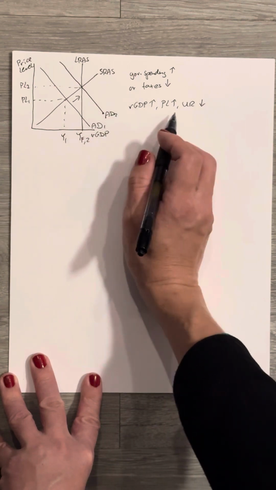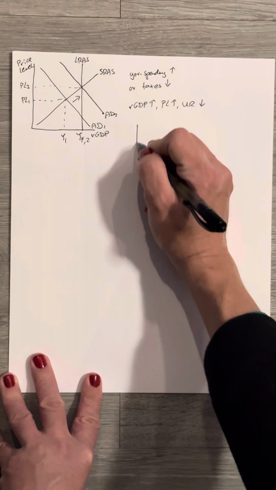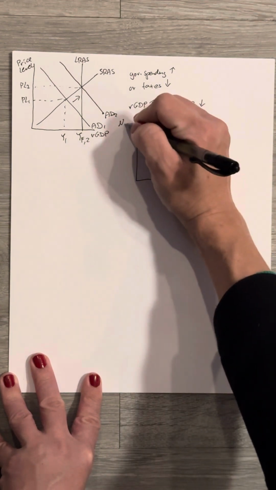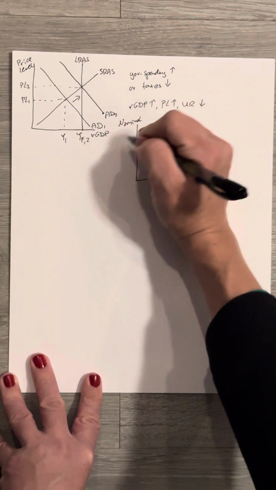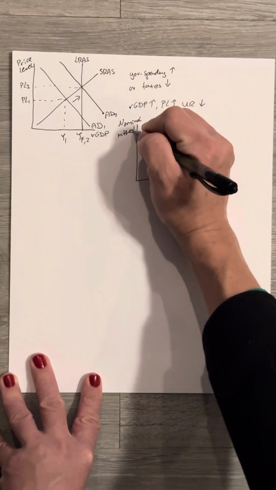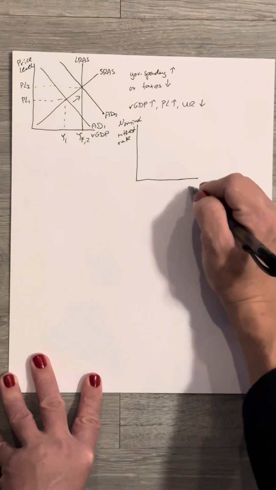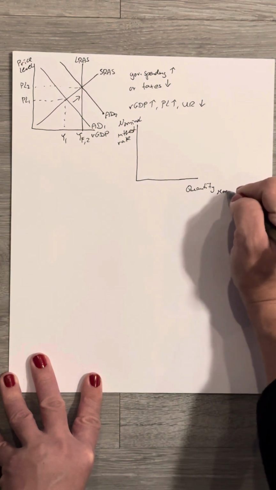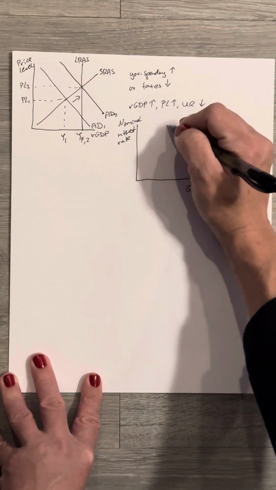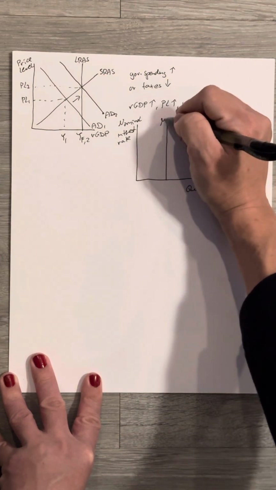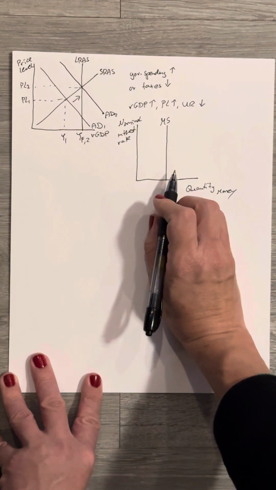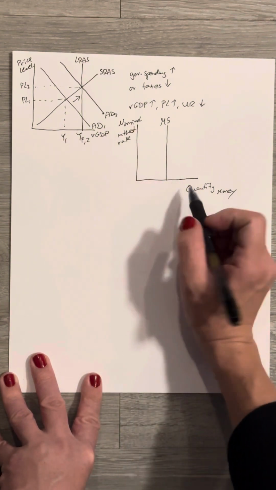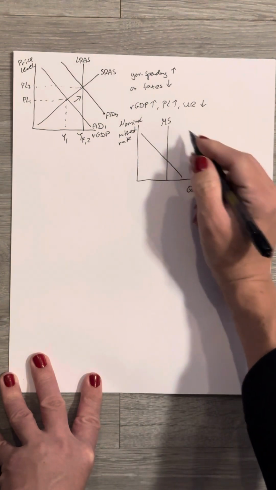So all of this can also be shown on the money market graph, where we have the nominal interest rate, quantity of money, then remember, only the central bank can shift the money supply curve. In this scenario, this is fiscal policy. Fed didn't do anything, therefore MS does not change.